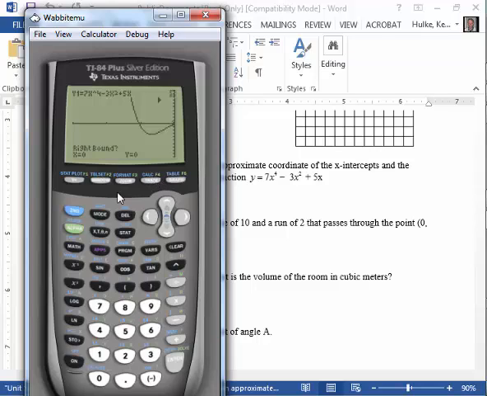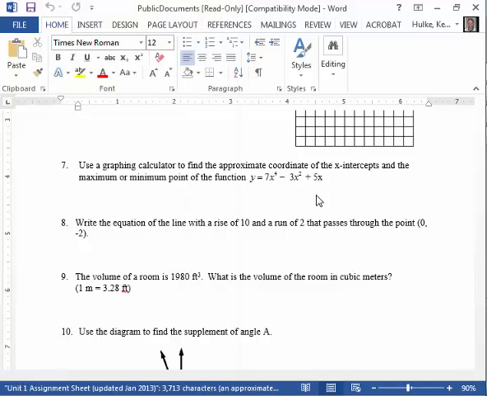And then we're going to calculate the minimum value. The minimum is between here and here. The minimum is at negative 0.68 and it goes down to negative 3.29.